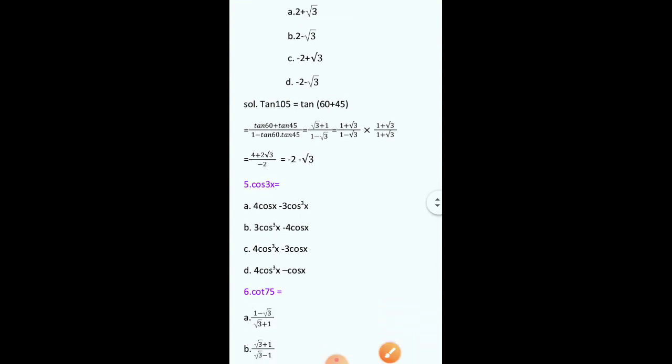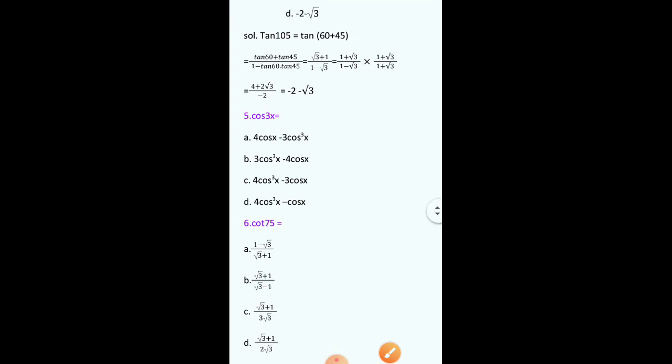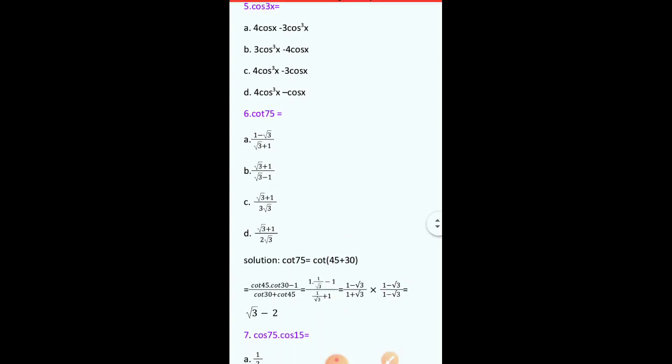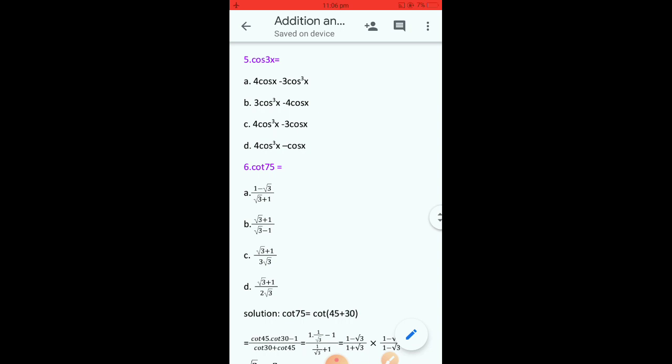Next, cot 75. We have to find cot 75. So we have 4 options again. We can write cot 75 as cot (45 plus 30), and we have the formula cot (A plus B) = (cot A into cot B minus 1) upon (cot B plus cot A).